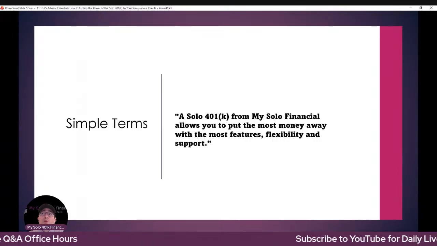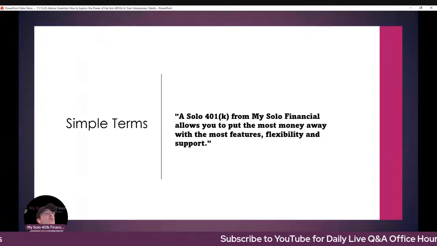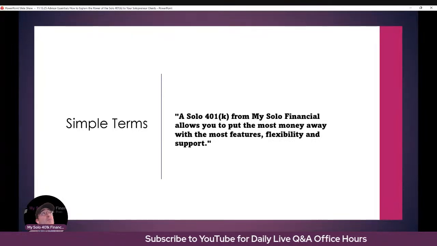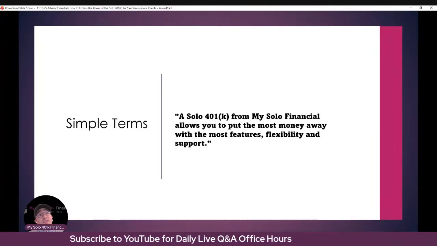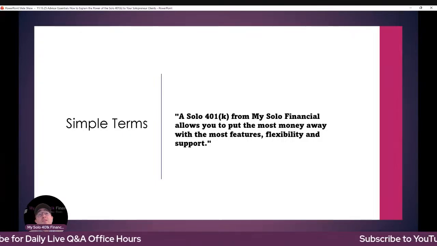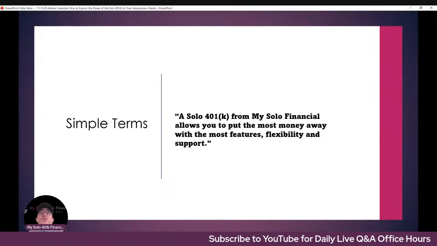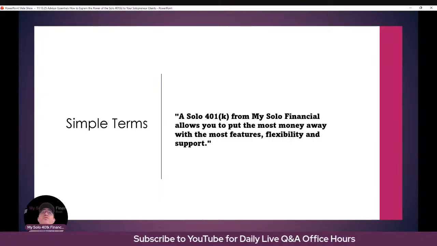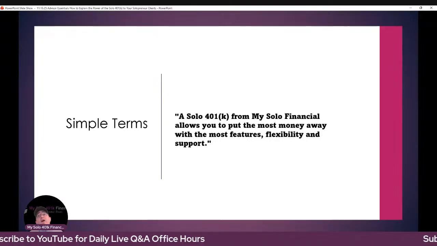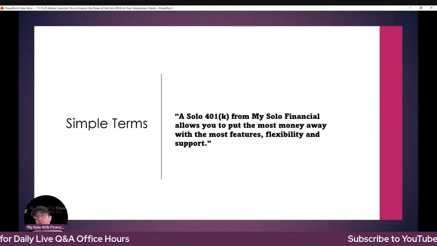So it's an owner-only business. And a 401k plan is a legal entity. It's technically a trust. So like any legal entity, it's the documents that create it. So in order to be able to access more advanced features, you need to have plan documents that allow and support those more advanced features.